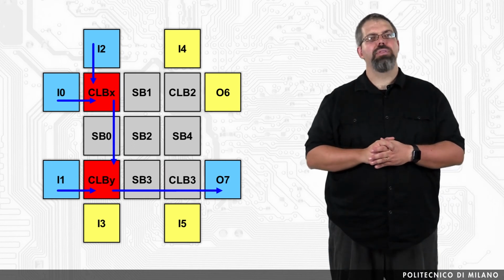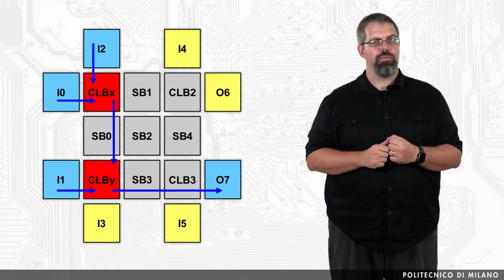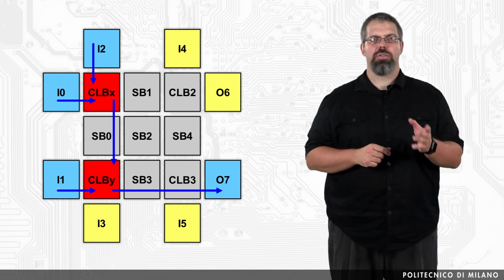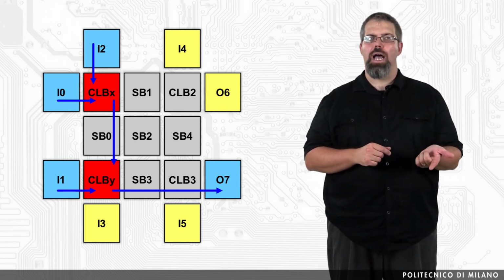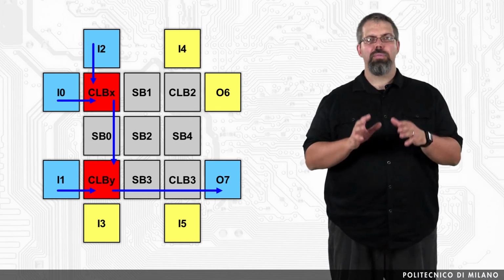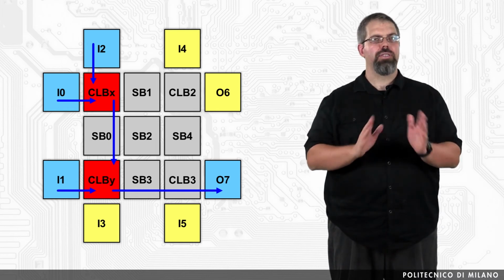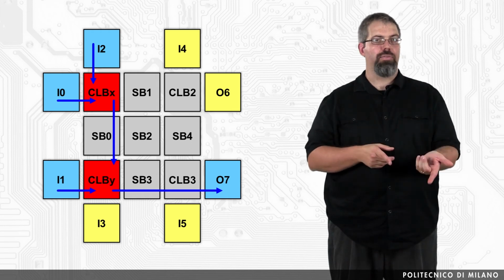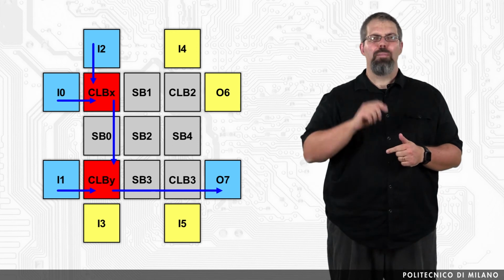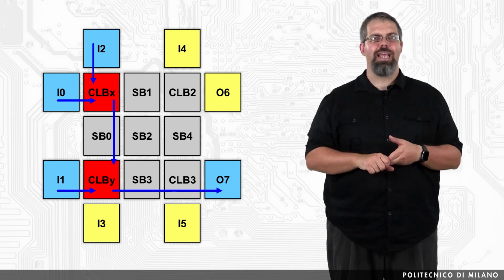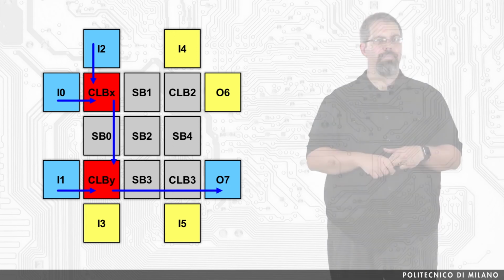Let's see what we can obtain from the first implementation we found. The solution was configuring CLB-X onto CLB0, but CLB-Y was mapped onto CLB1. From a switch box's point of view, we were using the same set used in the previous solution, SB0 and SB3. But we can appreciate the decision we made in having a different placement for CLB-Y.